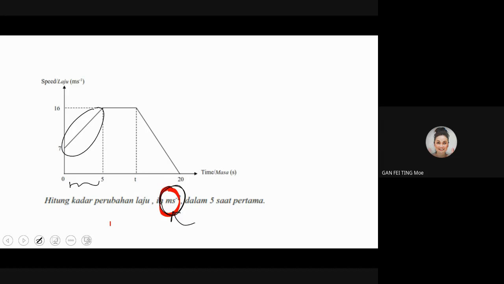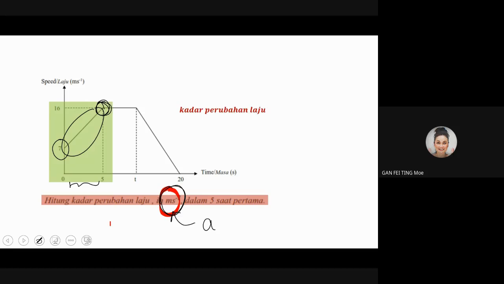What does this unit refer to? This unit refers to acceleration. What is the formula of acceleration? The final speed minus the initial speed, over the time. So the formula should be 16 minus 7, divided by the time. How do you know?